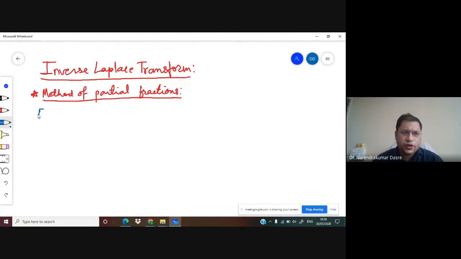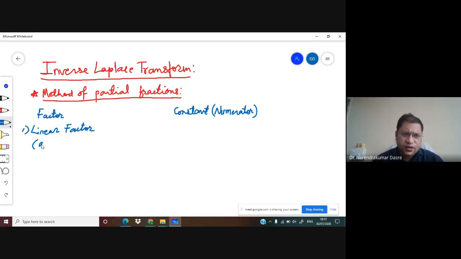So what kind of factor we have in the denominator, and what will be the constant, or numerator, chosen for this factor. So first type of factor we have is linear factor.